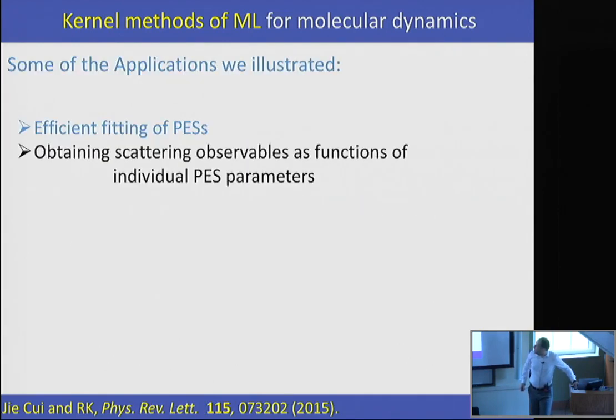Okay. Now, once you have these Gaussian process models trained, basically you have a model that's a function of potential energy surface parameters. So you can do the sensitivity analysis. You can actually look at which parts of the potential energy surface are more relevant for whatever observable you're looking at, or less relevant.